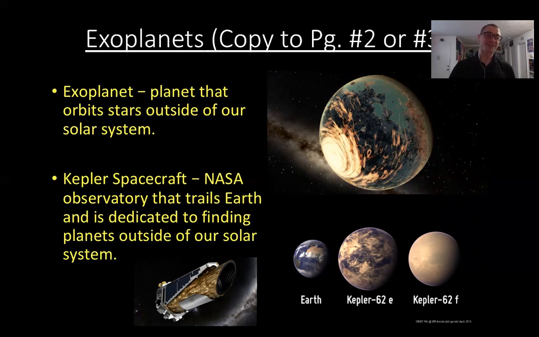Again, the planet's not too close to its star to where it's too hot, and not too far from its star to where it's too cold. But again, it doesn't have to be Earth-like per se. But those planets we all call exoplanets, right? So just any planet, it could be Earth-like, could not be Earth-like. Any planet outside of our solar system is going to be what's called an exoplanet, okay?